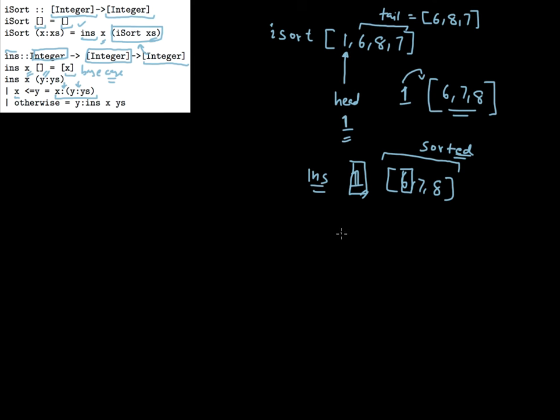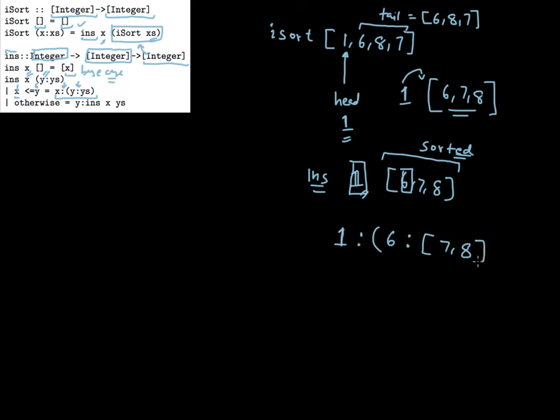I'm going to give you back a new list that's 1 cons, because in this context x is my 1 and y is 6, and this condition is true. 6 is greater than or equal to 1, so what I return is 1 cons with y, which is 6, cons with whatever that list is, which is 7, 8.